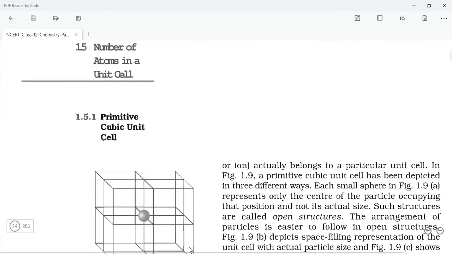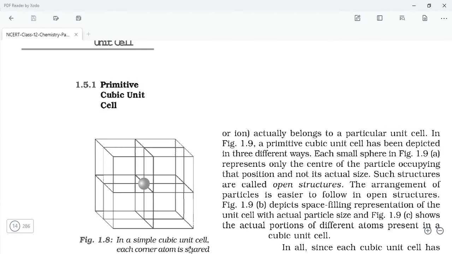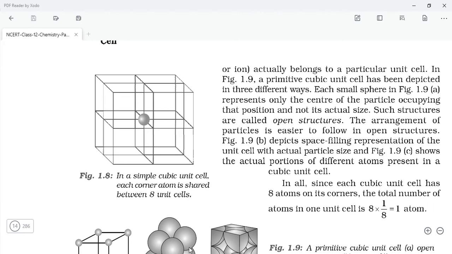Now moving on to the primitive cubic unit cell. If you have one atom, you assume it like a sphere and put the atom at the center of a cube, and then you proceed to find the structure of the solid or the unit cell of the solid.